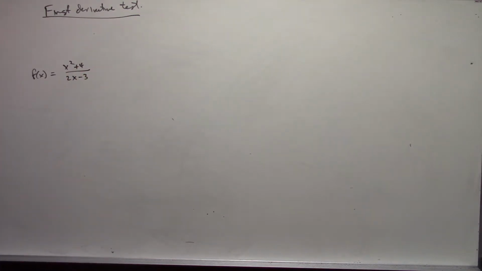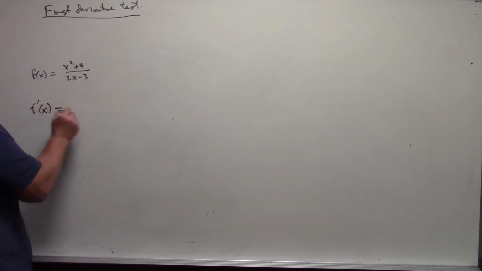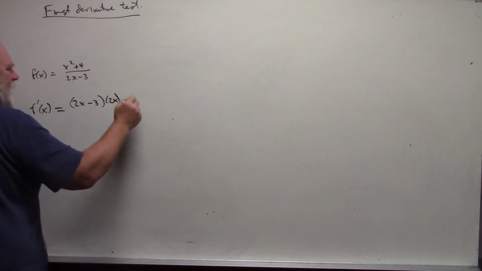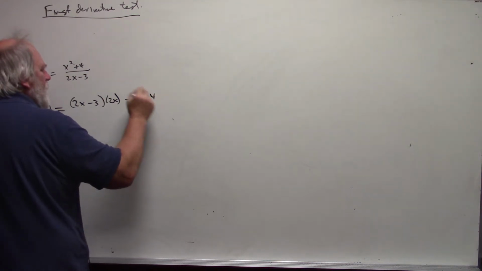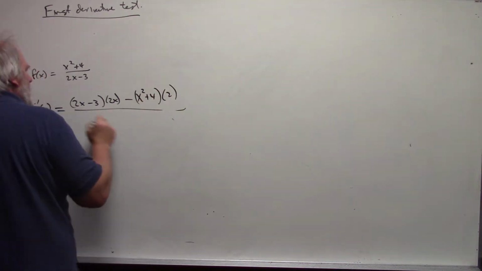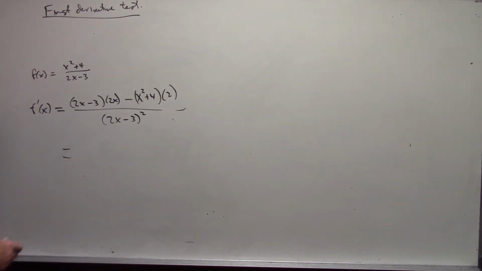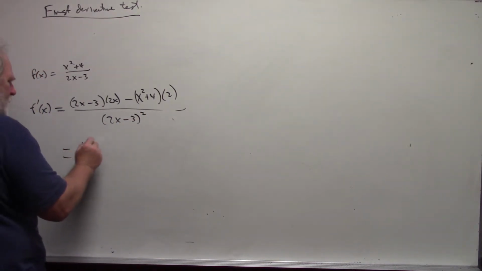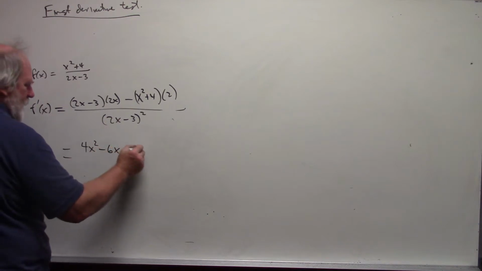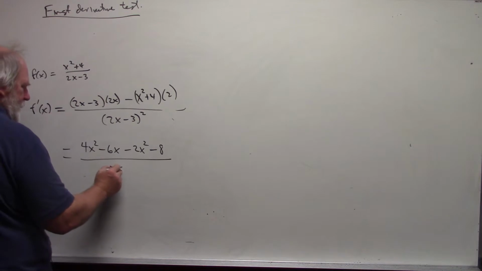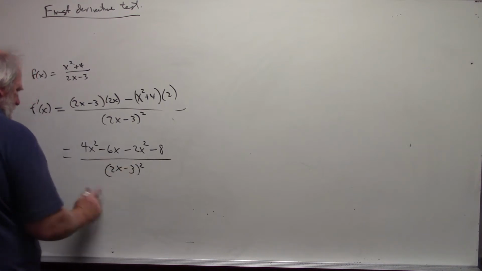Again, in order to determine relative max, relative min using the first derivative test, I need the first derivative. F prime of x is equal to bottom times the derivative of the top minus the top times the derivative of the bottom all over the bottom squared, which gives me 4x squared minus 6x minus 2x squared minus 8 when I distribute. Denominator stays the same.